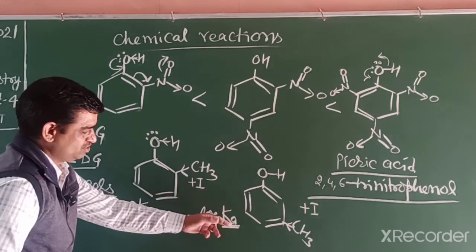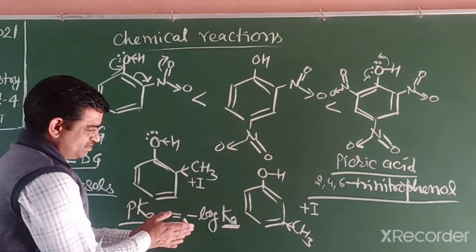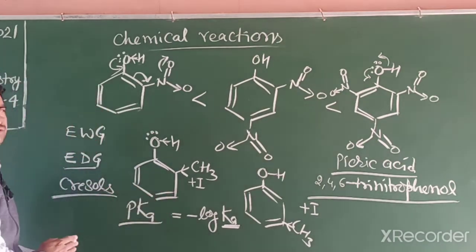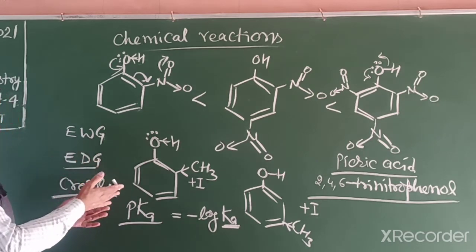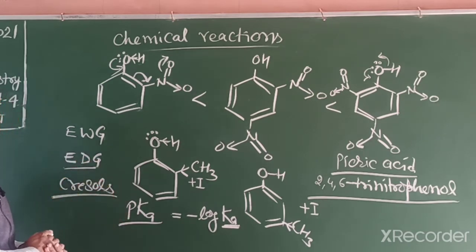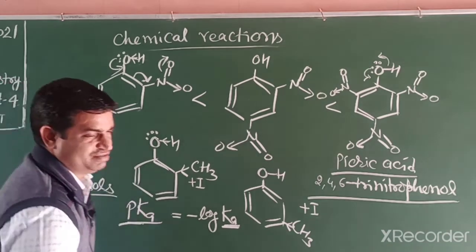The more the dissociation constant, the more acidic. But when we take the negative logarithm, the value becomes lower. If the pKa value is lower, the acid is stronger. If the pKa value is higher, it is a weaker acid. So by this value we can identify.